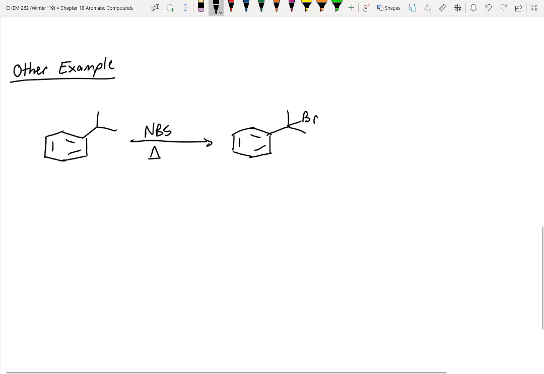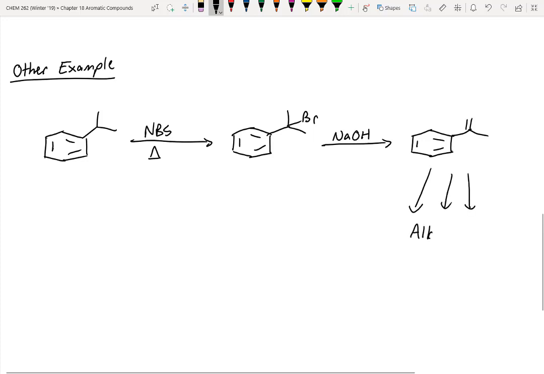We could do sodium hydroxide. Make an alkene, and then we could do all sorts of alkene chemistry as well. So that goes all the way back to the start of the term.